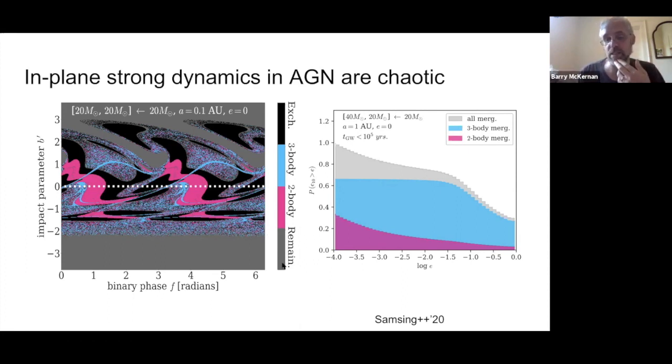So in a lot of cases, things remain the same. So a binary can harden, and the scatterer can fly off with a bit more energy. Binary might soften, and the tertiary loses some energy. Sometimes you'll get rapid two-body mergers.